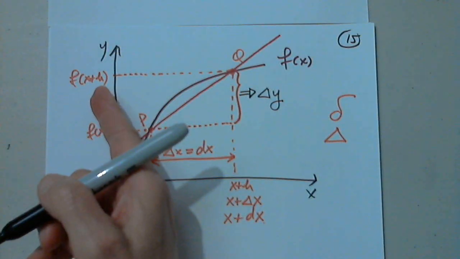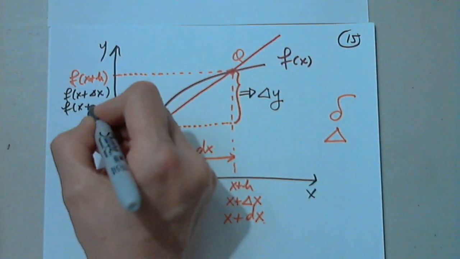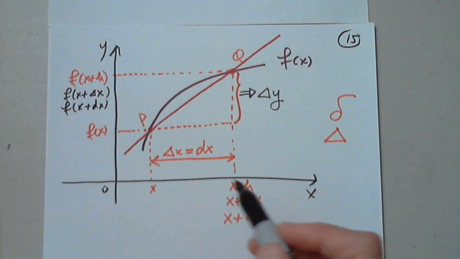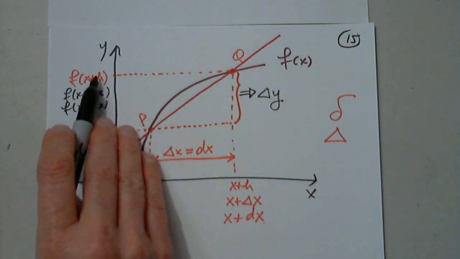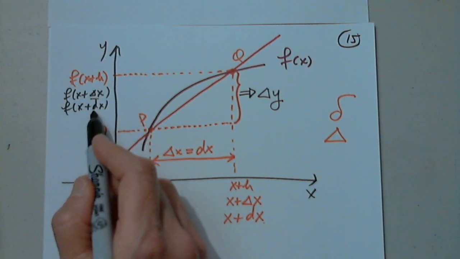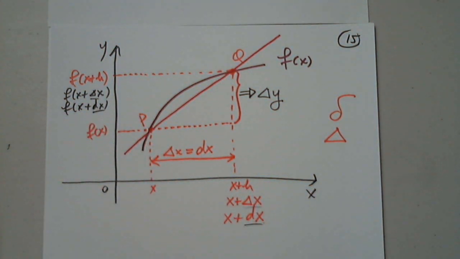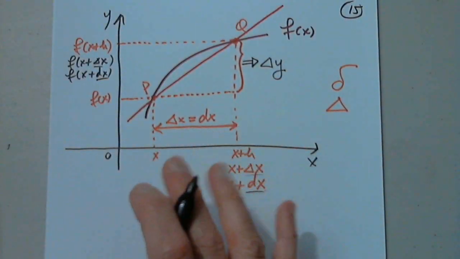And of course, I'm going to change this into either f of x plus delta x or f of x plus dx. Because we are moving away for a short time from this h, and you'll see in a moment why we prefer delta x and not h in this situation. Okay, so let's identify what these mean.